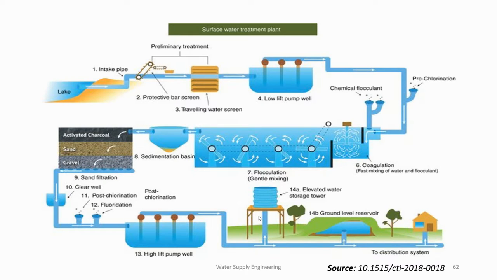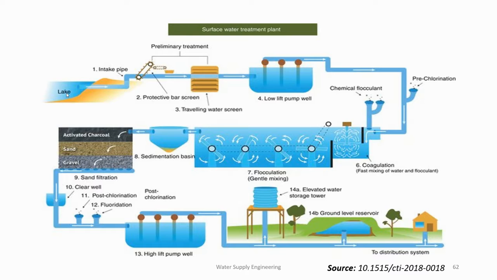And either with the help of gravity flow or with the help of pumping, depending upon the elevation or height to which it is to be supplied, we'll provide it to the consumers through the distribution system. So the last part is basically the distribution system, starting from the source. Okay, hope that is clear to you.